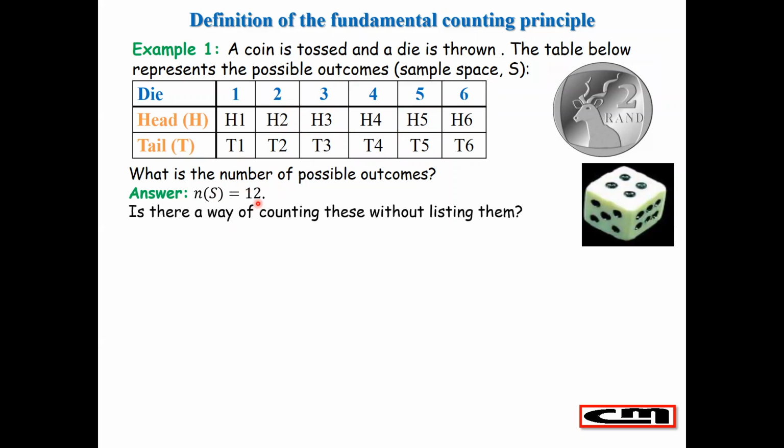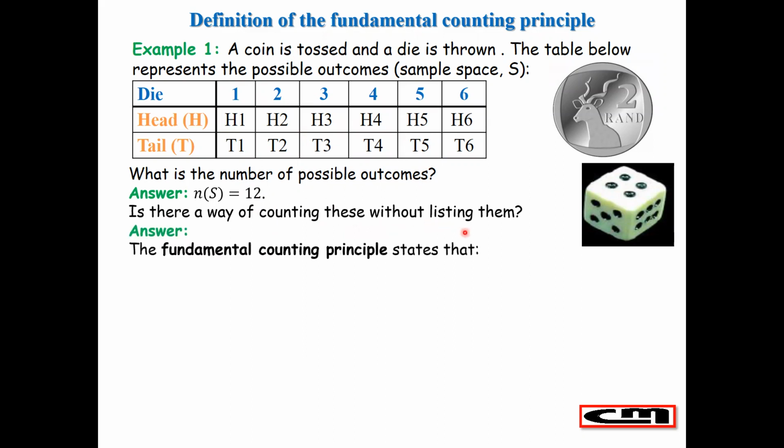Now, the question is, is there a way of counting these without listing them? That is, we are not supposed to have this table. All we need to know is that we have a coin which we are tossing and a die which we are throwing. Then we ask ourselves, what is the number of possible outcomes? So without writing this table, do we have a way of knowing that?